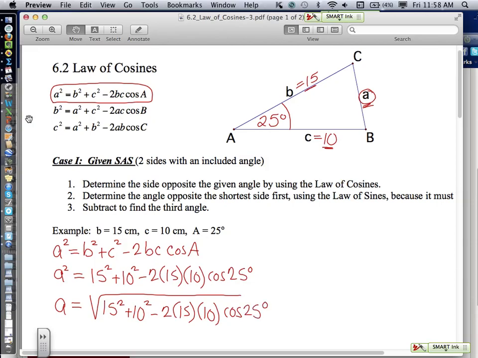But we're going to take the positive square root, because it's a distance. 7.287. Anyone else have that? Got that as well?